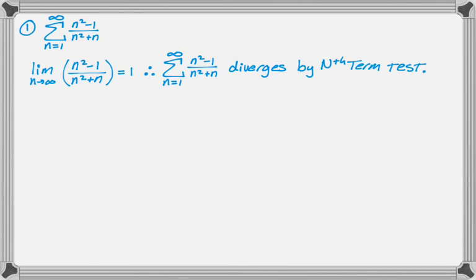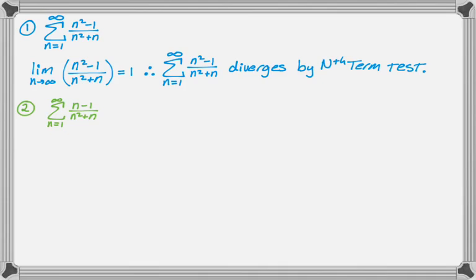All right, let's take a look at another one that looks an awful lot like this, but is slightly different. So we have the sum from 1 to infinity of n minus 1 over n squared plus n. If I take the limit in my head, I'm going to get 0, so I can't just use the nth term test again. But problems like this look like just a p-series where people started adding or subtracting things.